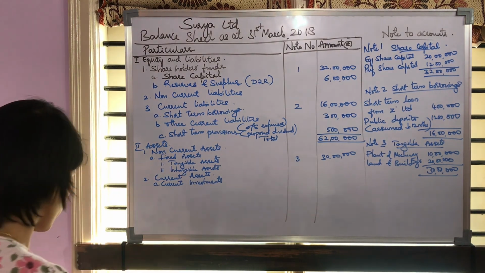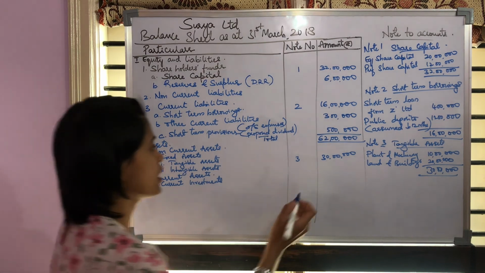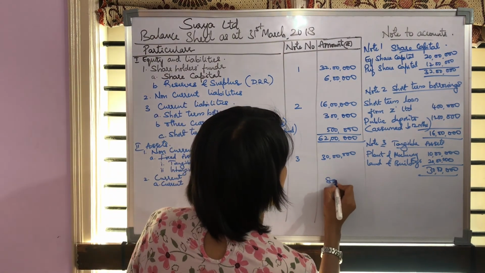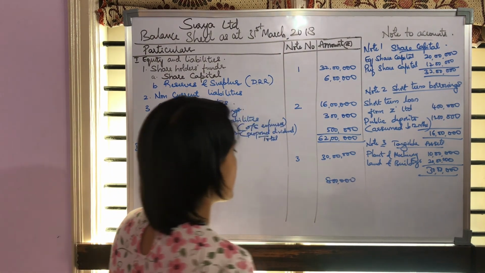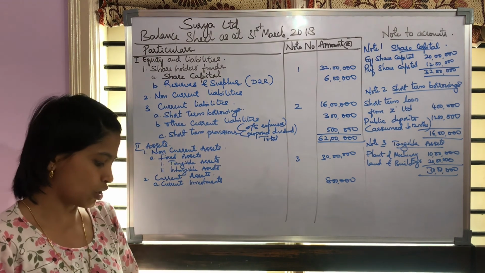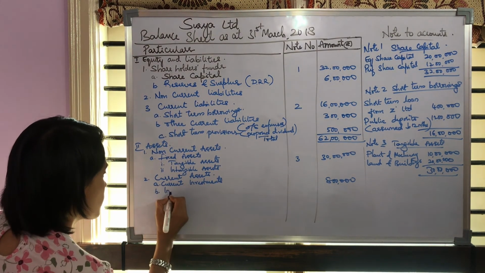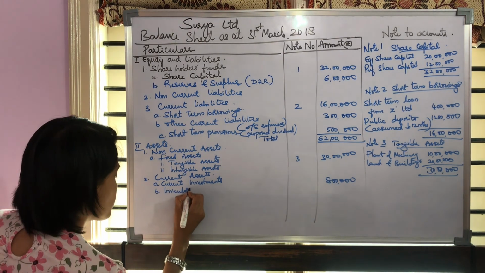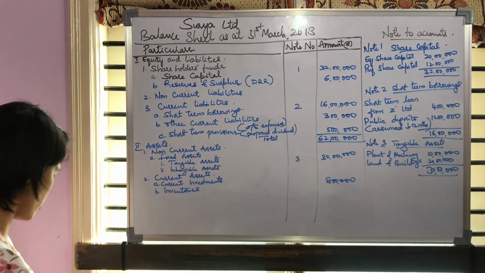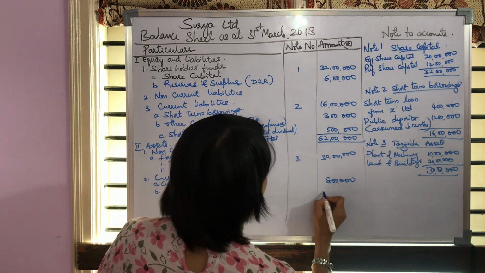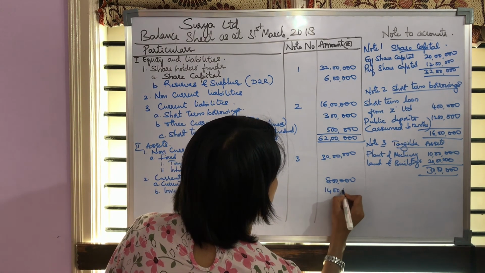If you follow the question, students, current investments, information is being given. So let's write 8 lakhs directly in the amount column, followed by inventories. This information is also given in the question, which is rupees 14 lakhs.